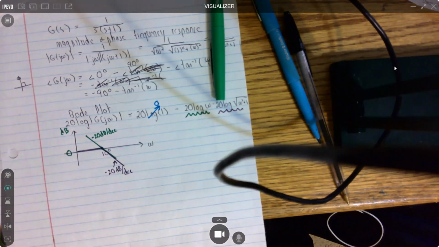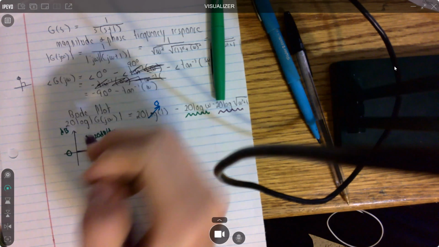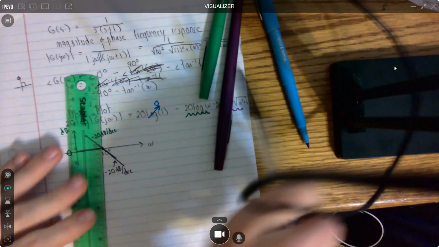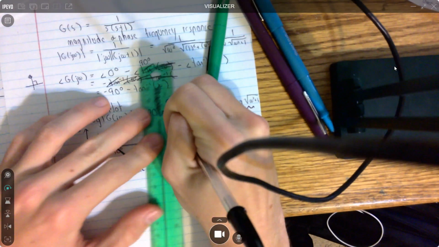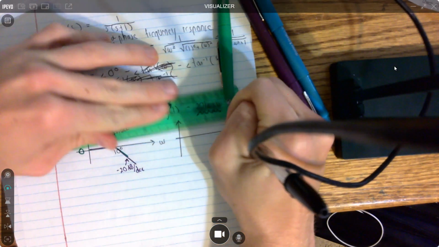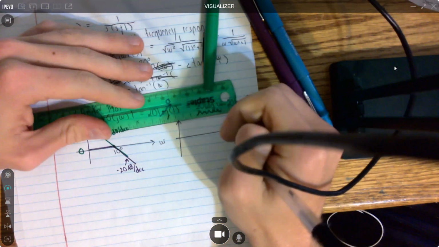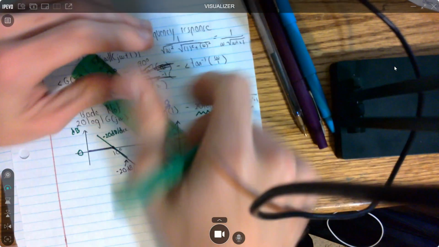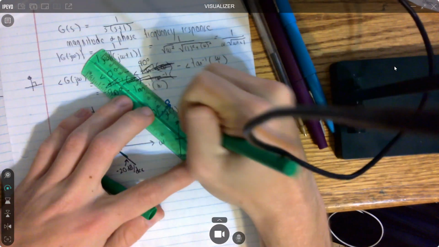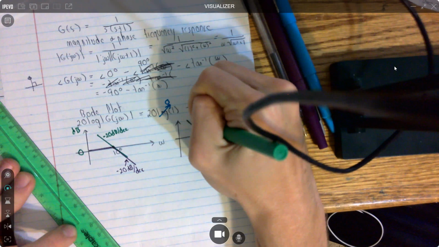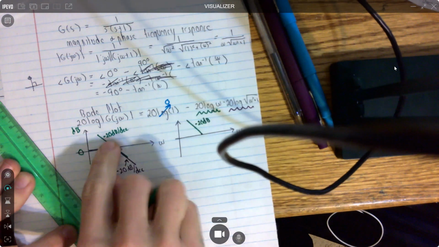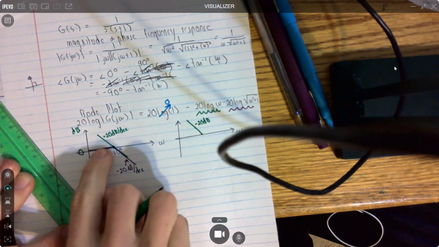And so if you sum the two together, if you add the two plots, you're going to get the following response. This is going to be our omega, and it's going to be negative 20 dB per decade here, because 0 plus negative 20 dB gives you that one line.